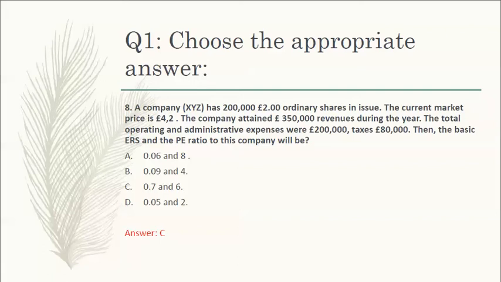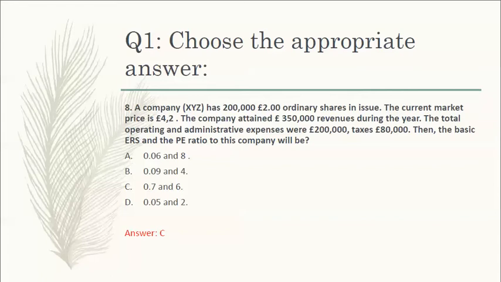And what about the price earning ratio? We need to know that the price earning ratio is the market price of an ordinary share divided by the earning per share. We already got the earning per share from the first requirement, which is 0.7. Now we need the market price of an ordinary share, which is given in the question as 4.2.